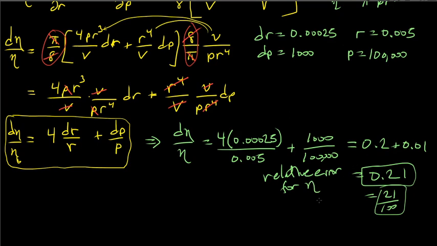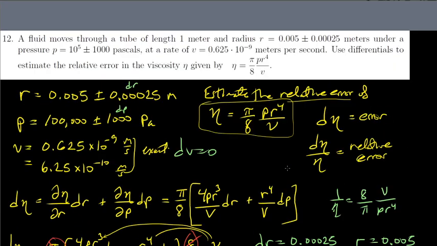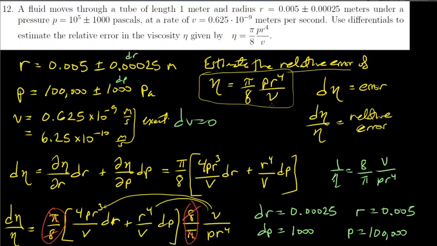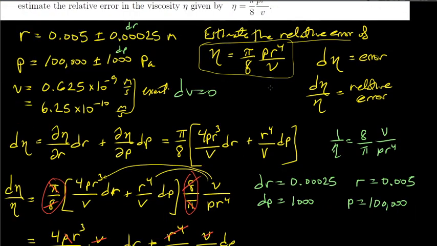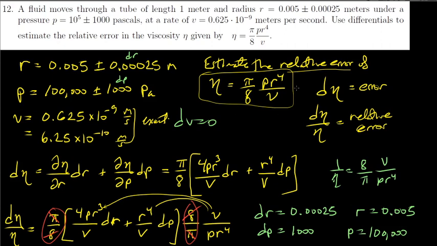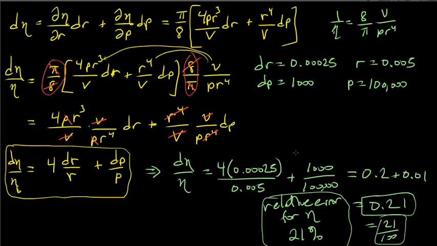Or 21%, it's a 21% relative error. Either way. Again, this is a fluid dynamics problem maybe. I don't know where this formula for viscosity comes from, but your physics or engineering professors will probably explain that.